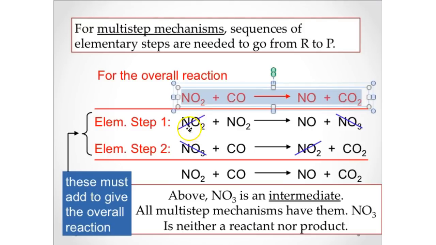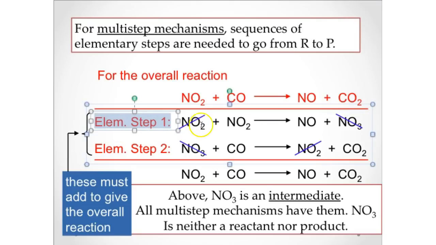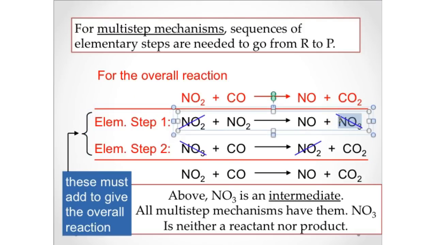At the very beginning, look at this part right here. Elementary step 1: we have NO2 reacting with another NO2 to make NO and NO3. So this is one step. The whole point of this first step is to make something called an intermediate.